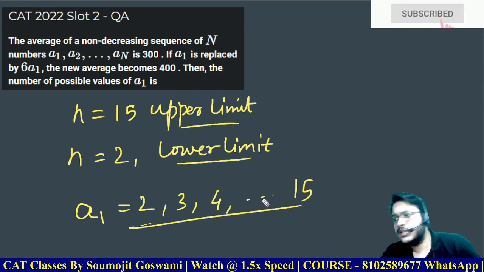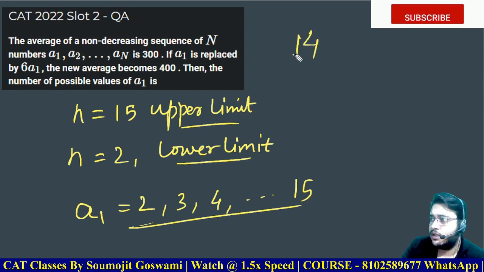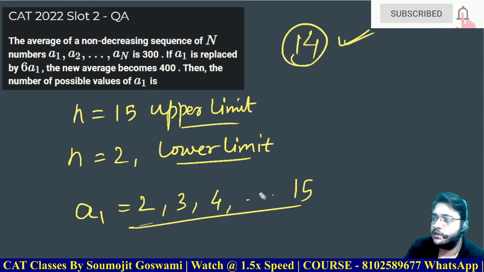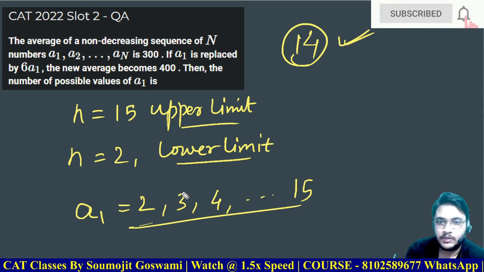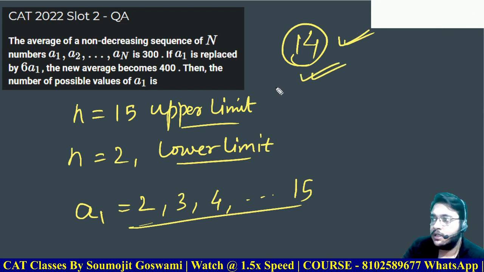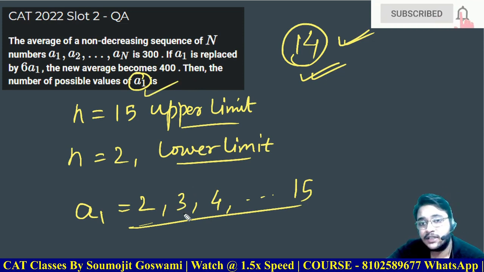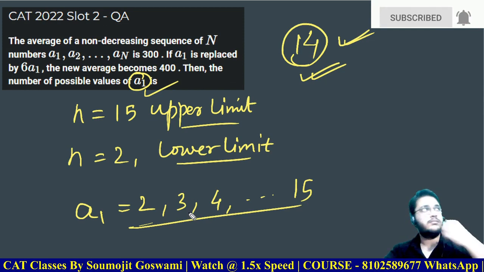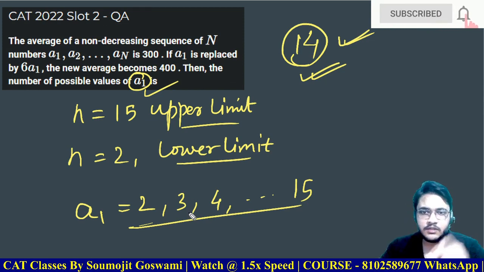How many numbers are there from 2 to 15? Actually they are going to be 14. Please don't say that it will be 15 minus 2, that is 13. Actually this will be the big number minus the small number plus 1. So there are 14 possible values. I hope you understood this. Not a very difficult one, but it tests your ability to recall numbers, fit in numbers, and see whether the average fits into that idea.